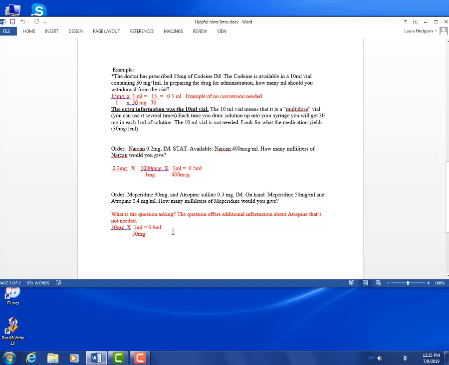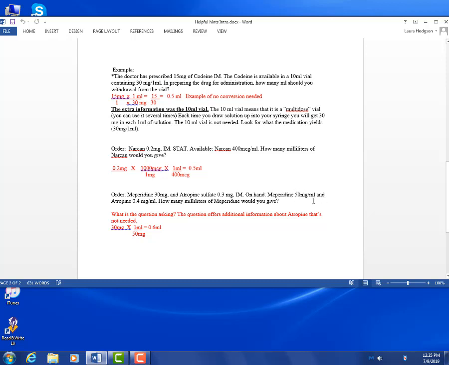The last question here. The order is 30 milligrams and you have the atropine at 0.3 milligrams. So right there, you have milligrams and milligrams. And on hand, you have also some milligrams per milliliter.